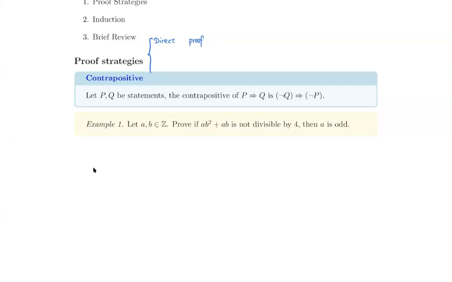I think in your textbook, there is an example that says something like, if the sum of the digits of a 3-digit positive integer, let's call it n, is divisible by 3, then n itself is divisible by 3.